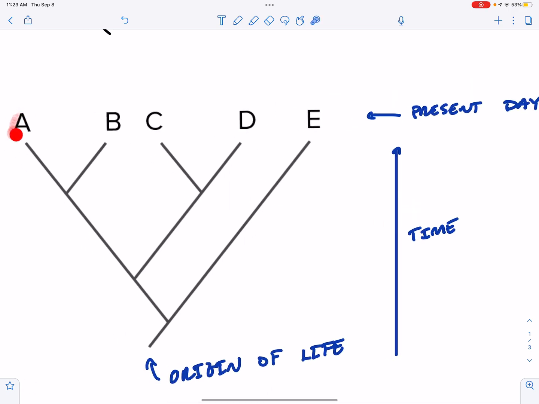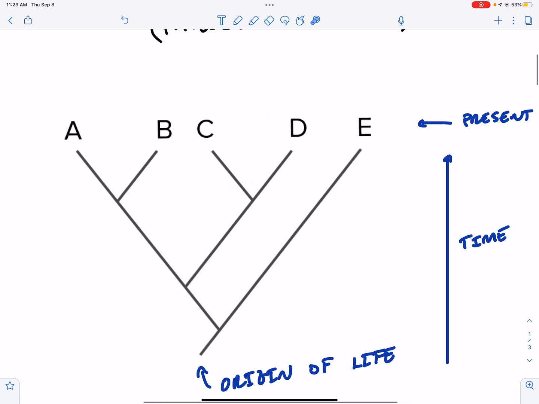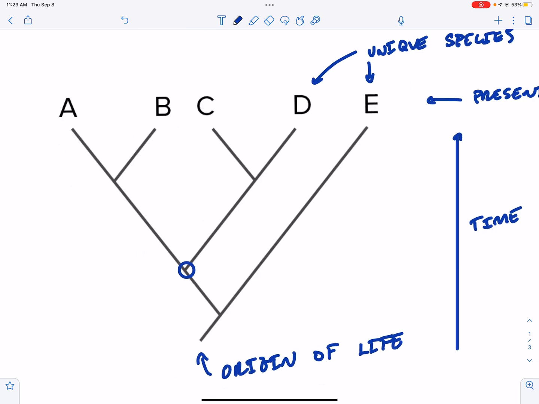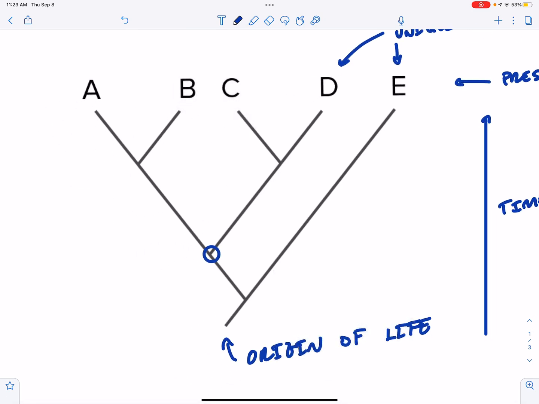Each of our letters, A, B, C, D, and E, represent a unique species, let's say. And every branching point is a speciation event.